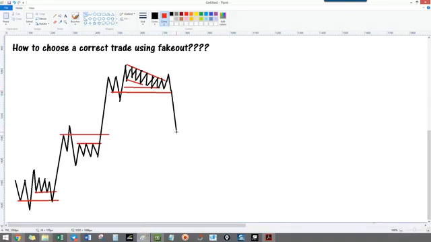What price does is it goes like this, okay, and then it does the correct one here sometimes. Okay, I will draw the correct one and the fail one also.